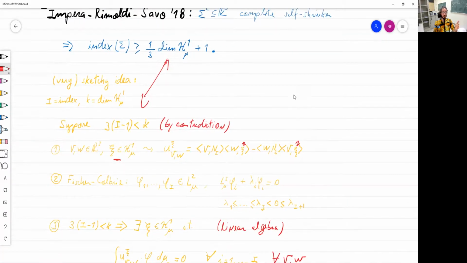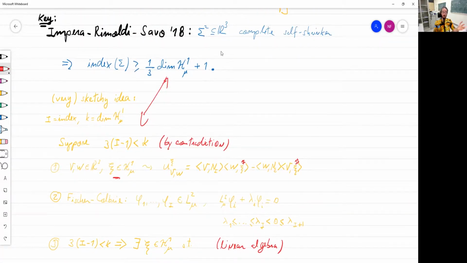Now I just want to say that they proved a lot more than this. They prove index estimates for F-minimal surfaces. So instead of the Gaussian area, they put different weights as well, and it also works. For some weighted measures, they prove similar index estimates or even better index estimates. And they also prove it for higher dimensions.